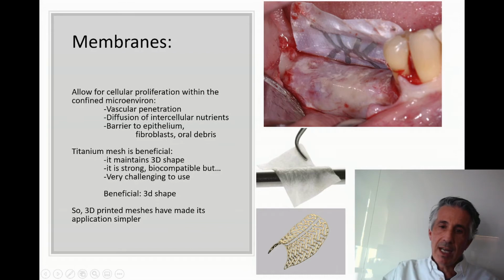We like using titanium because it has a good shape to it. It's very strong and biocompatible, but it's not easy to use and can be very expensive. You can get 3D printed titanium meshes that will hold the bone in place. You still need to put a barrier over top of this because this will help form and shape the bone, but you still need some cellular blockage.